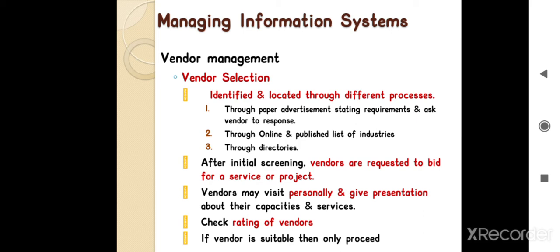Suppose I want a service related to application development or website development, or a printer service. Such service providers are published online on those websites, so we can get vendors from there also.